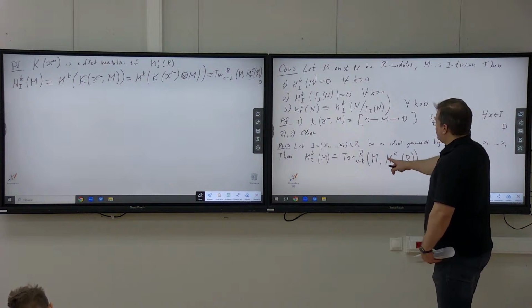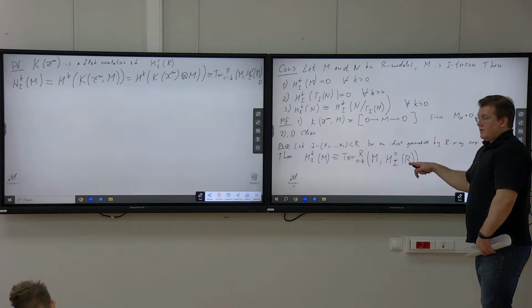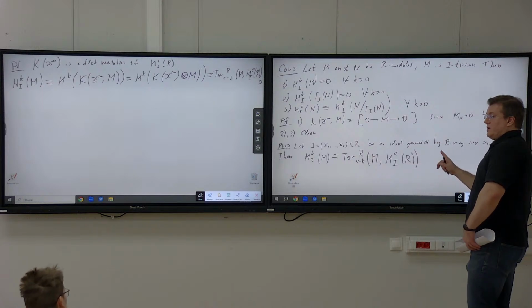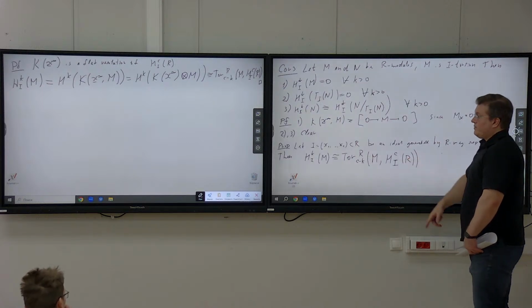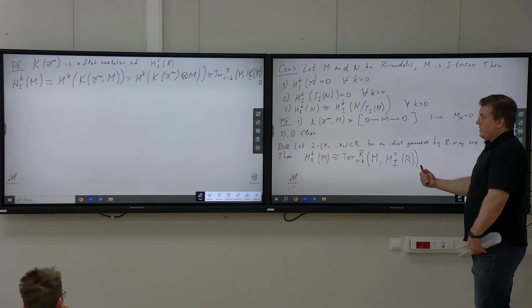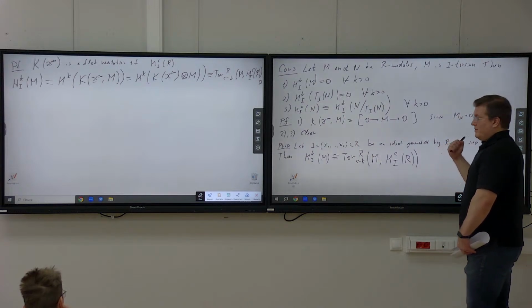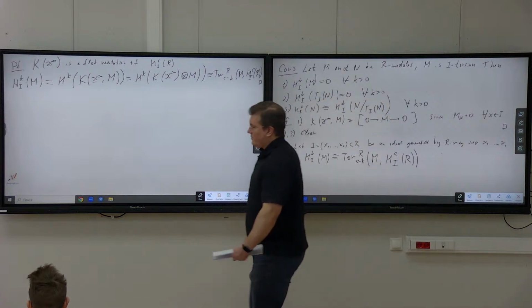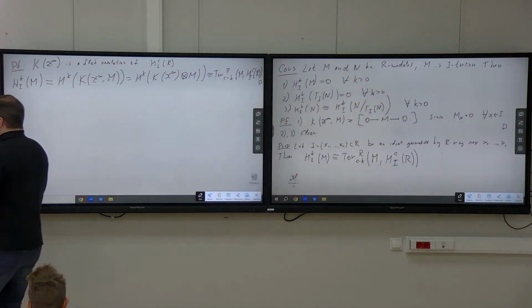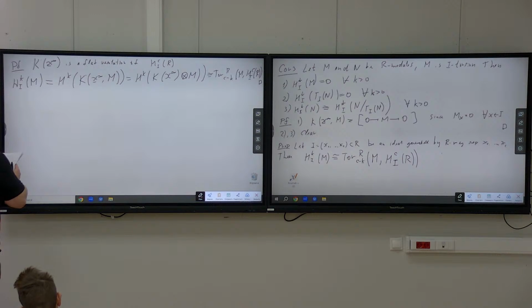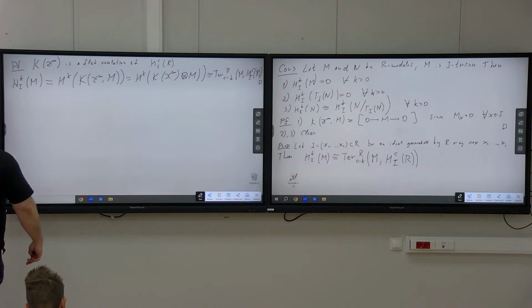If I can present this as the Matlis dual of something, I can move this Matlis duality outside and get Ext. So we will get isomorphisms that local cohomology is some Matlis dual of the Ext. So this is the plan for the future. Okay. So not just out of curiosity, but quite an important formula. Okay, and this is the last formula in this section.